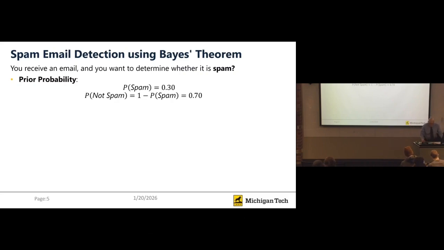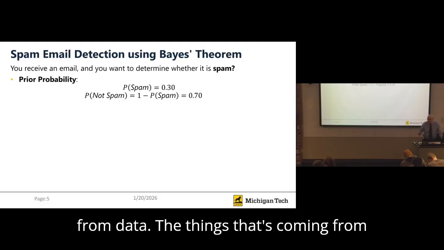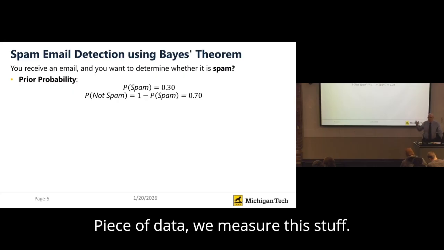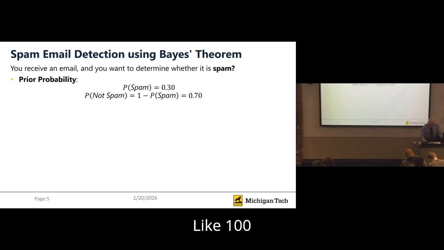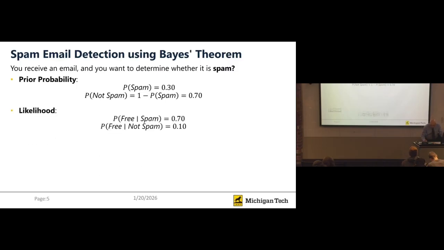Not that bad. That's something coming from data, which we call data-driven. Based on data, we measure this stuff, like 100 times we test, and 30 times it was a spam.